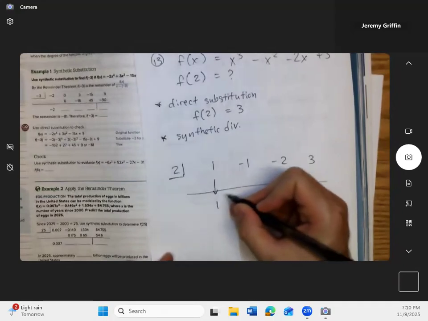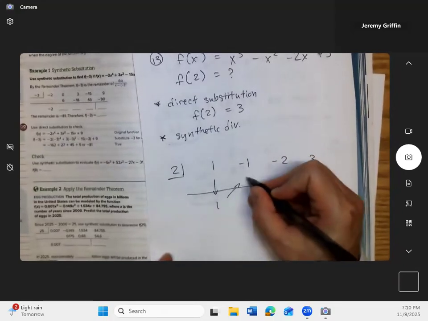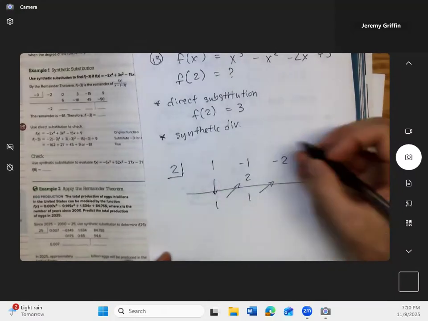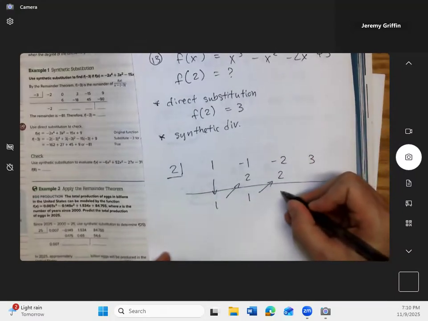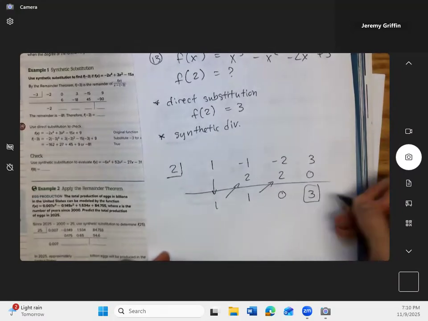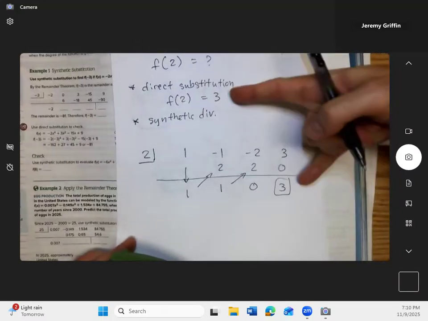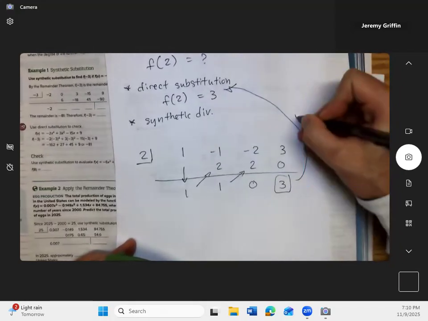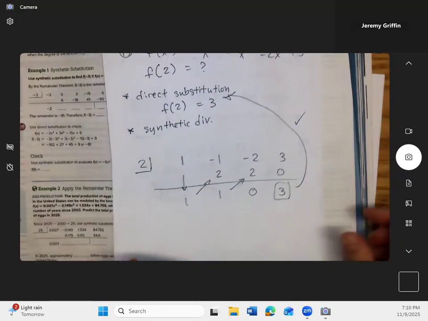Drop down the 1, times that 2 is 2. Add going down, get 1. Times this 2 is 2. Add going down, it's 0. Times 2 is still 0. Add going down is 3. Oh, look at that. It's a match. So, bing, it's the same thing. All good.